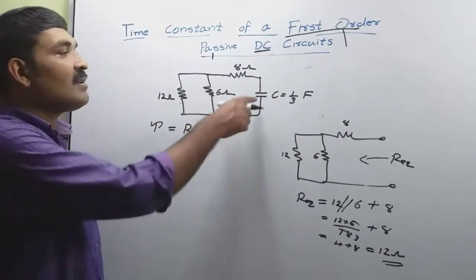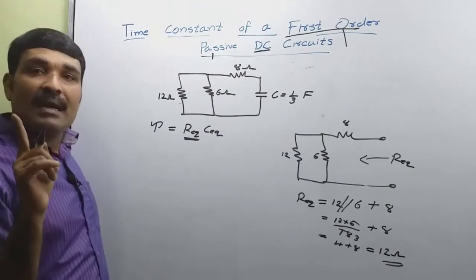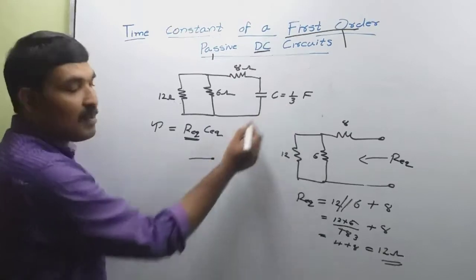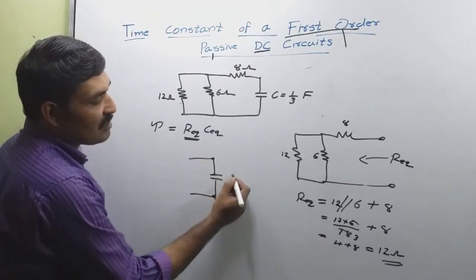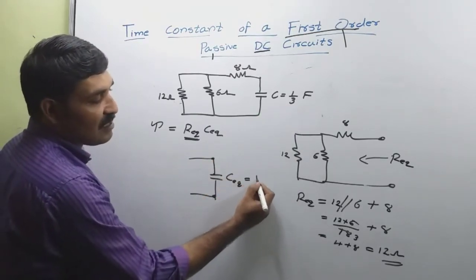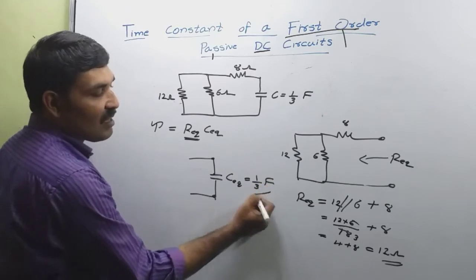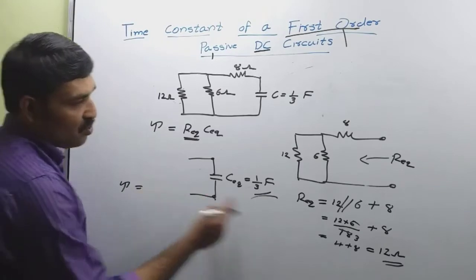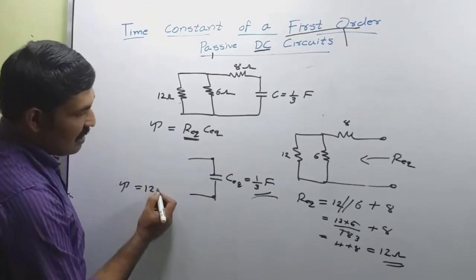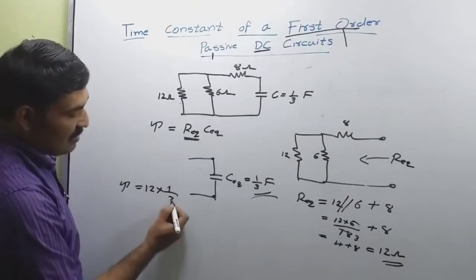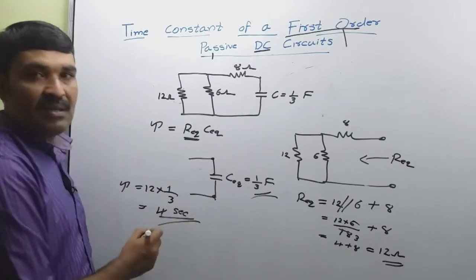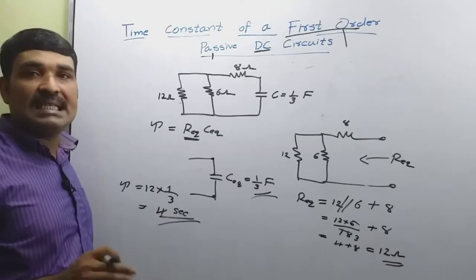And here it is only one capacitance, and C equivalent is equal to 1 by 3 farad. Now time constant tau is equal to 12 into 1 by 3, that is equal to 4 seconds. So the unit of time constant is second.